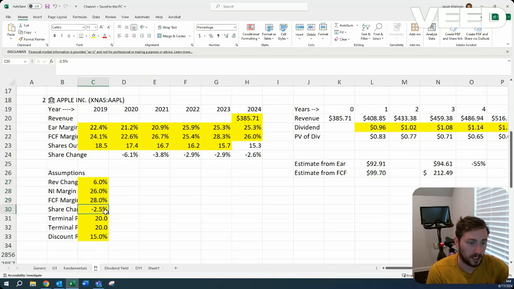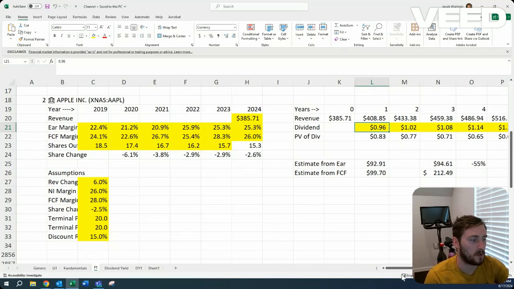I'm assuming a share change, buying back shares or issuing shares, whatever. And then I'm assuming the dividend. And so paying down debt, I'm not including into here. Maybe I'll include it into the terminal P, changing that terminal value. But besides that, I'm already using what the company would do with their free cash flow and making assumptions there.